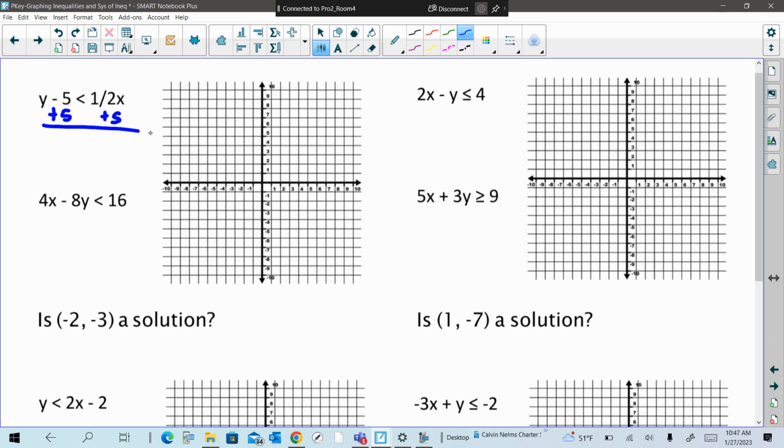Okay, there it is. Now, when you add it, you now have y is less than 1/2 x plus 5.